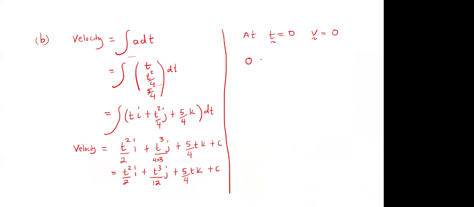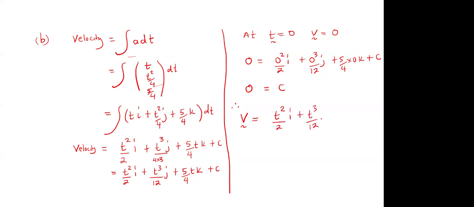So I'll say 0 is equal, you show that you are substituting, to 0 i plus 0 cubed out of 12j plus 5 out of 4 times 0k, then plus c. So here we shall have 0 equals c. Now from there, we shall go back and say now our velocity, which is the vector, will equal t squared out of 2i plus t cubed out of 12j plus 5 out of 4 t k, because we have finished substituting.